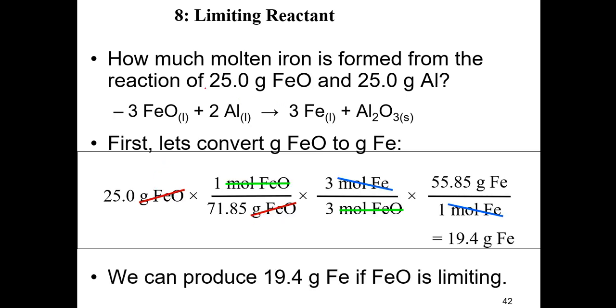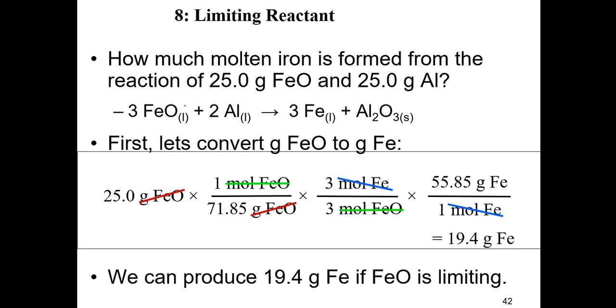So here's a problem. 25 grams of iron oxide, 25 grams of aluminum. In this case, I start off with grams of iron oxide, and I need to calculate the molar mass to go from grams to moles. So notice we're starting off with this one. Now if you have more than one product, it doesn't matter which one you choose as long as both of the starting reactants choose that product.